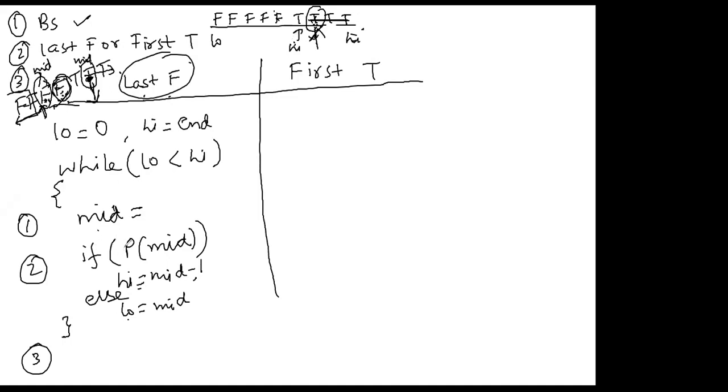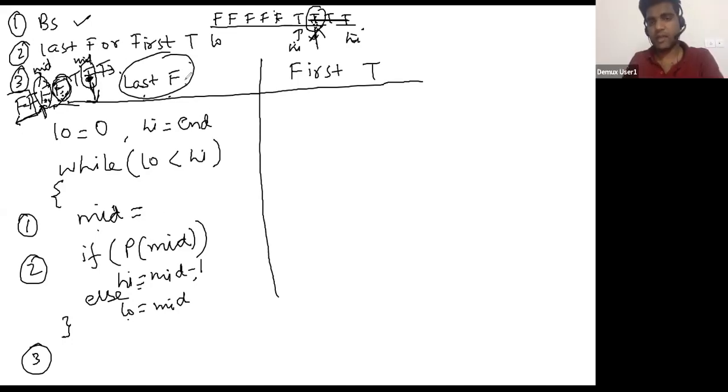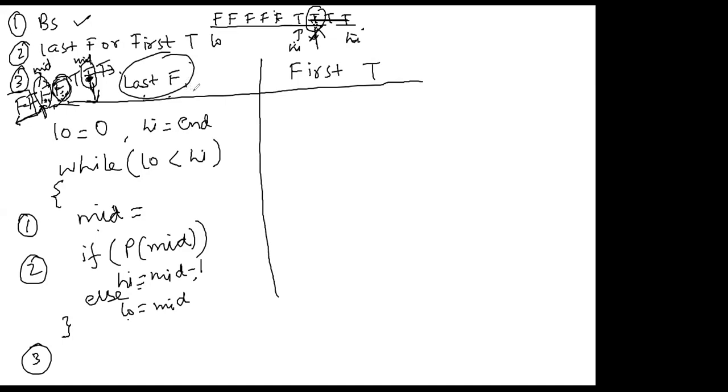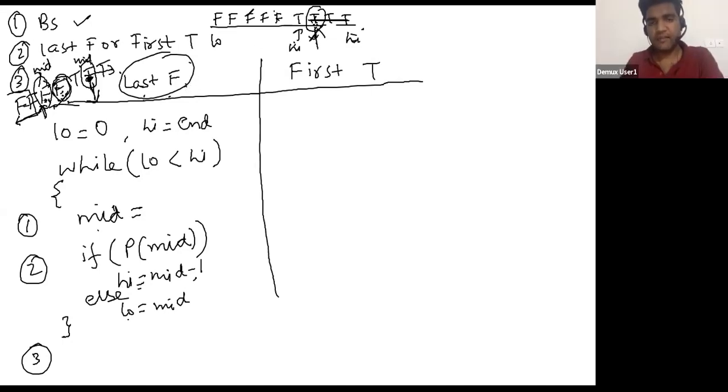Similarly, the mid can be the first T as well, it doesn't matter. I am looking for the last F. Similarly, when I am at an F, let's say this is the mid, and I evaluated it to be false, I cannot skip this F, but I can skip every F to the left of it. This F can be my potential answer.